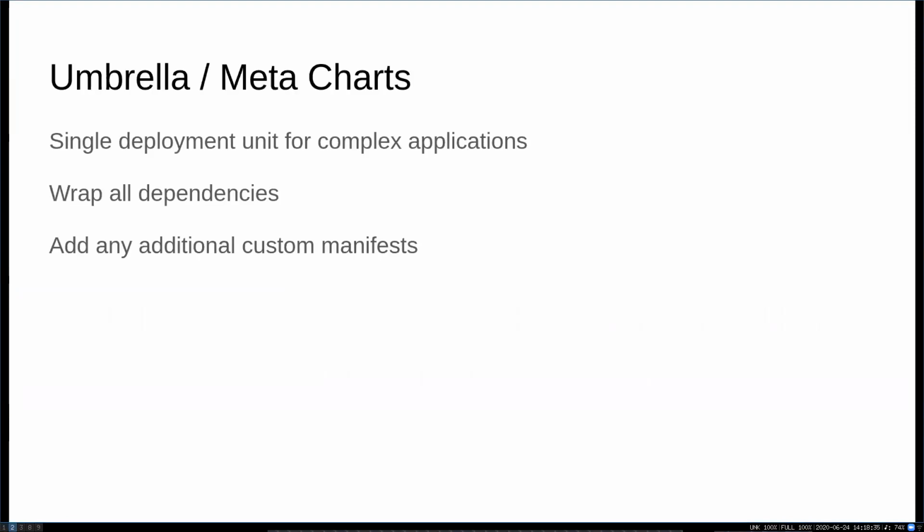So this is the concept of an umbrella or meta chart. This is the way to define a Helm chart that doesn't necessarily have its own manifests. It only has a bunch of dependencies, and it allows you to have a single unit of deployment and provide all the configuration for each of the components in a single place.